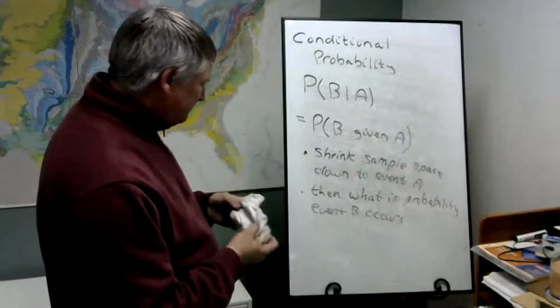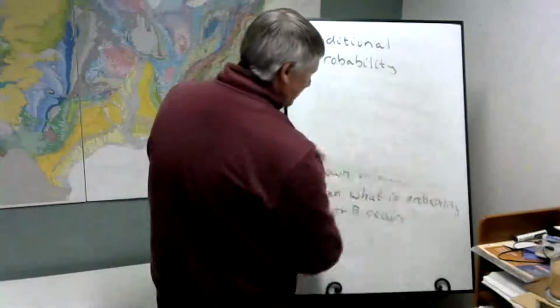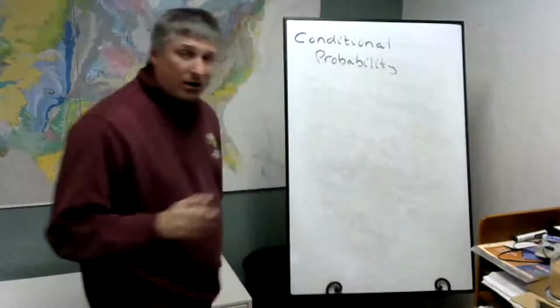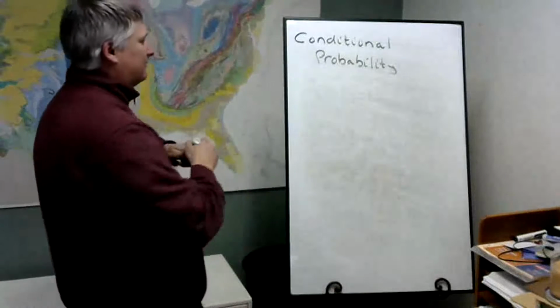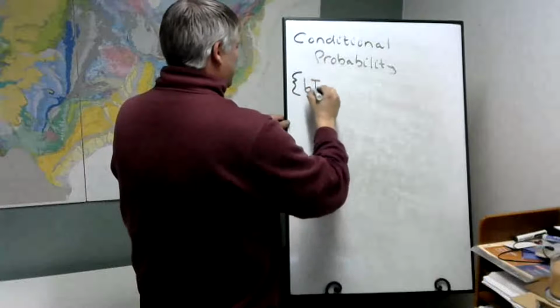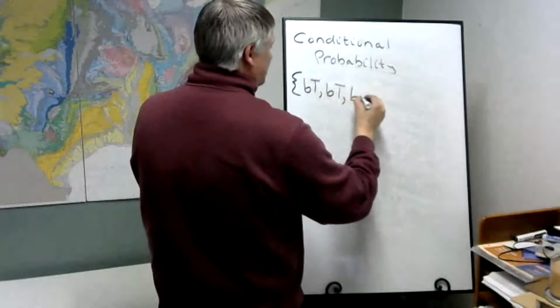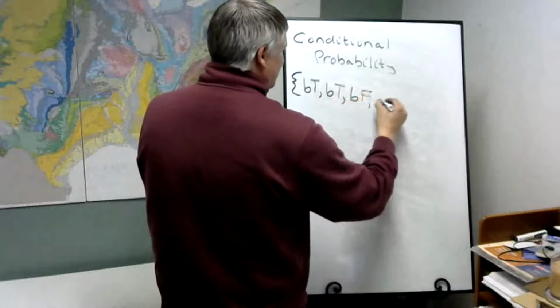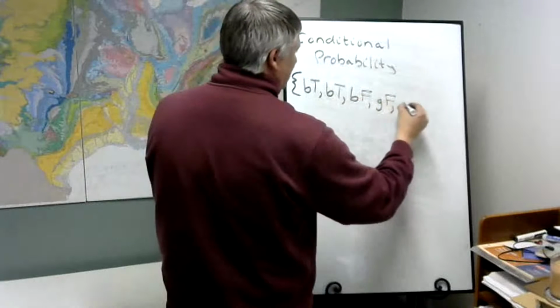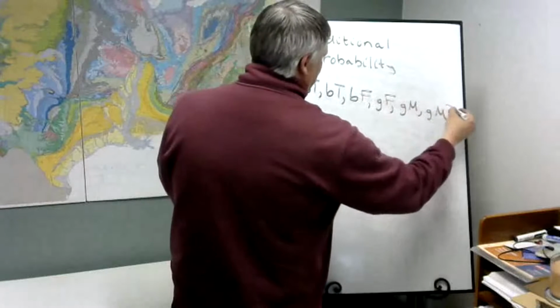Well, let me give you an example of how this works. Let's go back to our cars example. So this would be a blue Toyota, blue Ford, green Mercedes, green Mercedes.